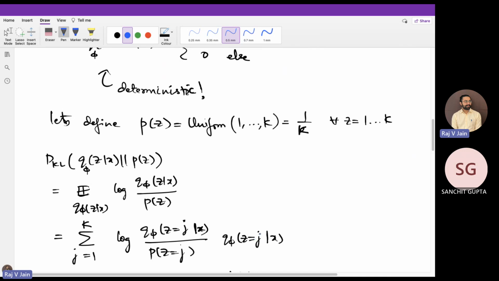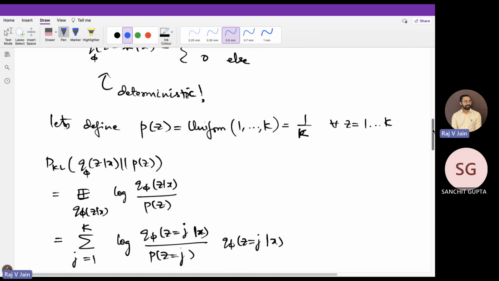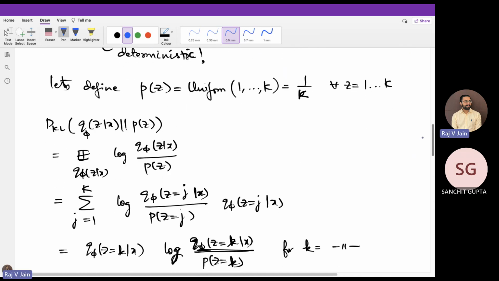Now, let's for a moment assume that q phi of z given x is a probability distribution, but a very hard, one-hot sort of distribution. Its support will be only where k is the minimizing one, and everywhere else it is 0.